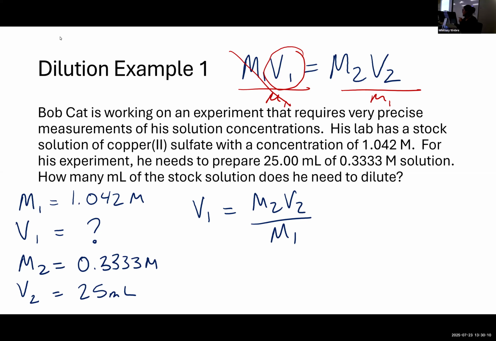That's R for rearrange. S is going to be substitute and solve. The good news here is I don't need to do any substitution, meaning I don't have to convert this milliliters to liters. It's not necessary, because as long as I'm consistent, my answer will be correct. So solve.